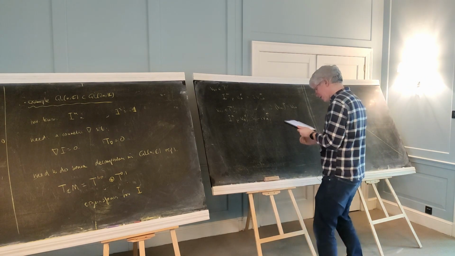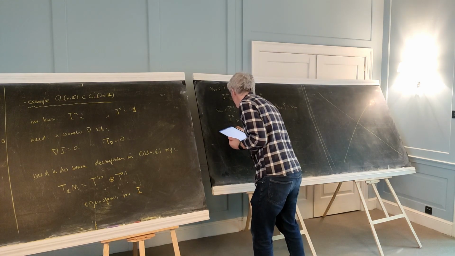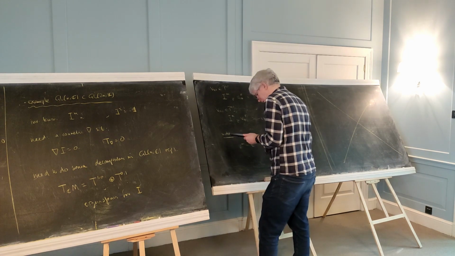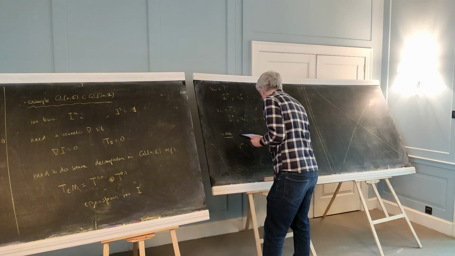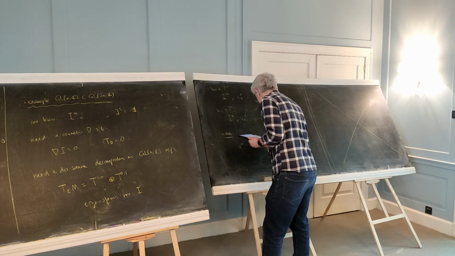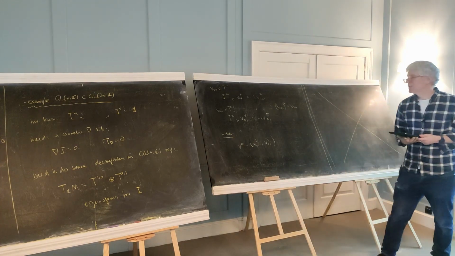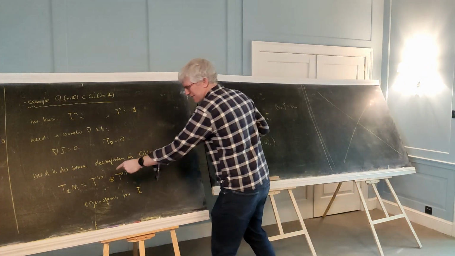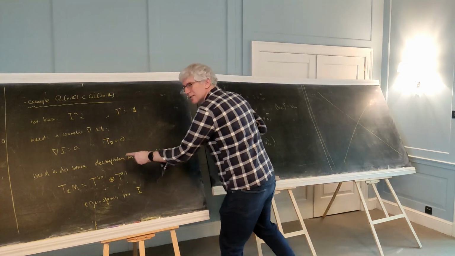And I'm going to use a notation: if we take v^m, I'm going to write it as v^i and v^ī, where this is the 1,0 part and this is the 0,1 part. So I'm going to use an i index for things running in this space and an ī index for things running in this space.